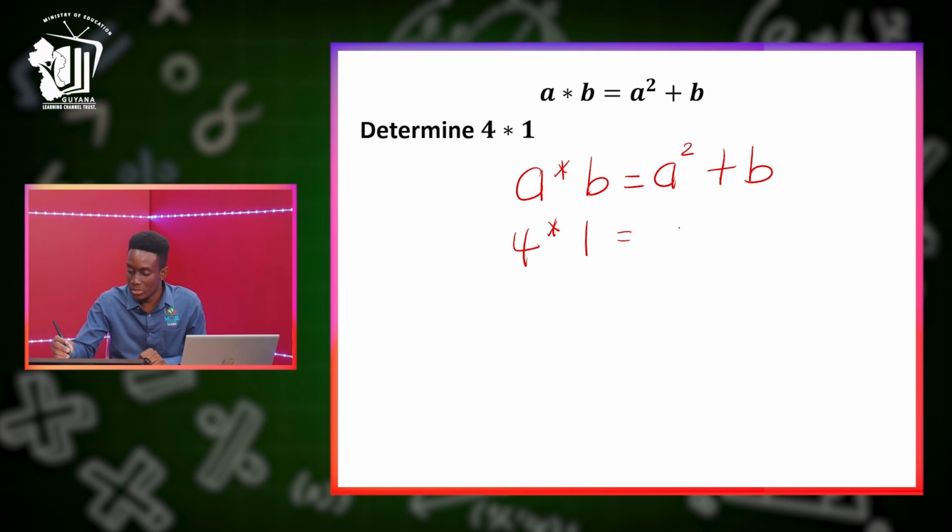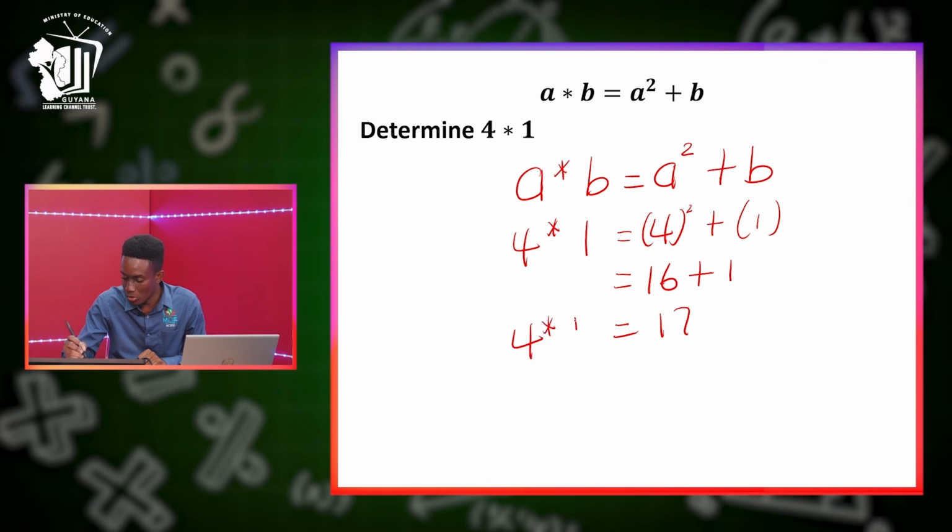So A squared would be 4 squared plus B, which is 1. So 4 4s, 16 plus 1, which will give us 17. So 4 asterisk 1 is equal to 17 after we finish substituting and working it out. So let's continue with a similar example.